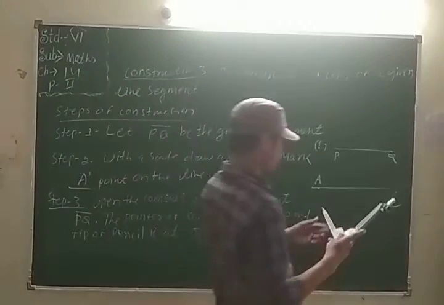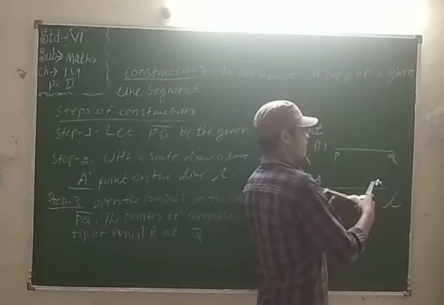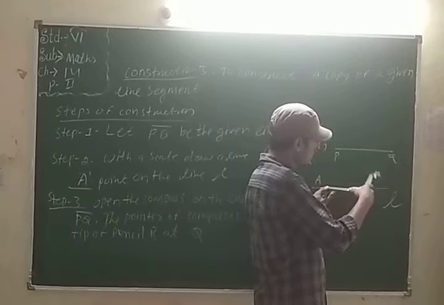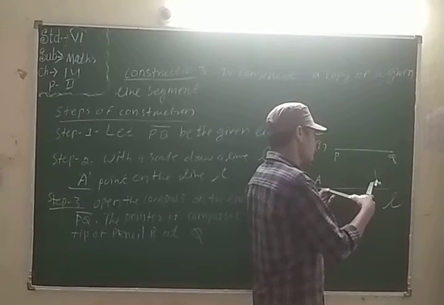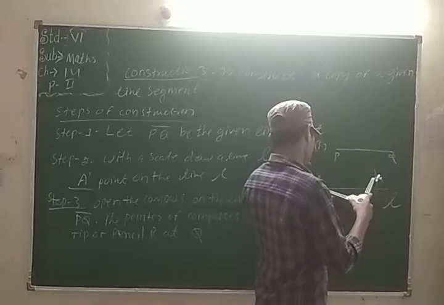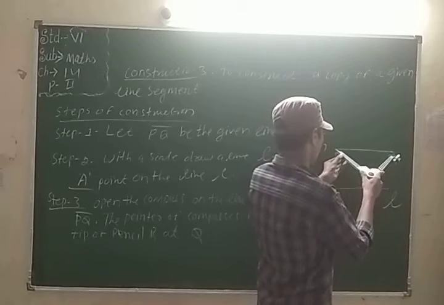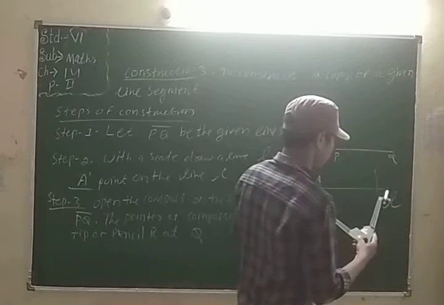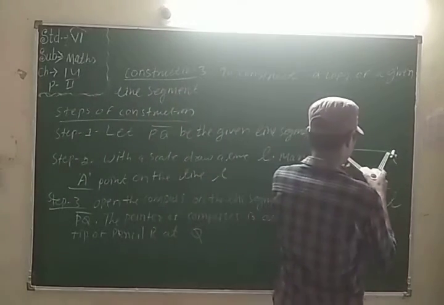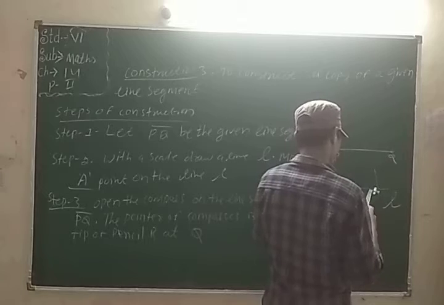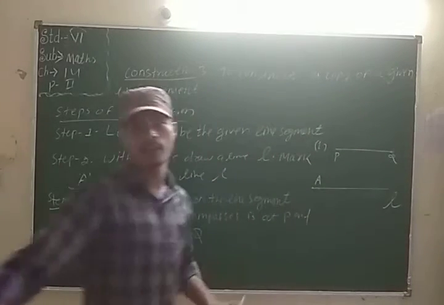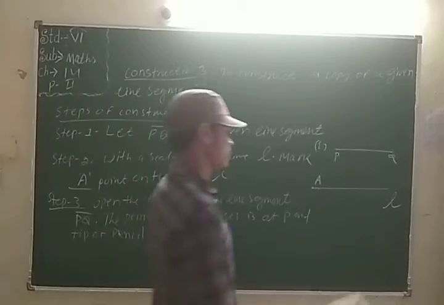Put the pointer at A, swing the arc and cut the line L. That is the first swing, intersecting the line. That means here is the same length, the length of PQ. Now we can easily draw a copy of the line segment. Clear about it?